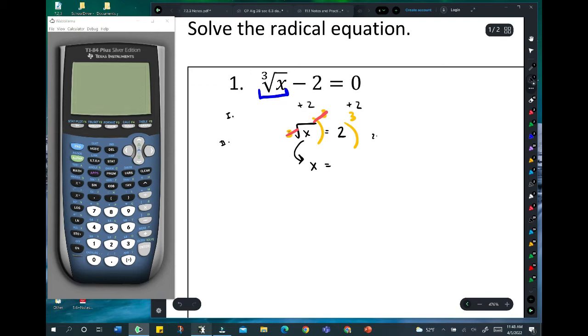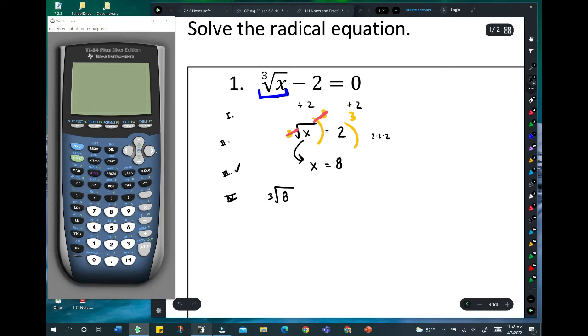Now 2 to the third, that's 2 times 2 times 2 is 8. So it's not 2 times 3, it's 2 to the third power. Okay, so it's actually already solved for. So step 3 is already good. Step 4 is the check. So you will have some equations in which it does not work, but fortunately the checking is not too bad.